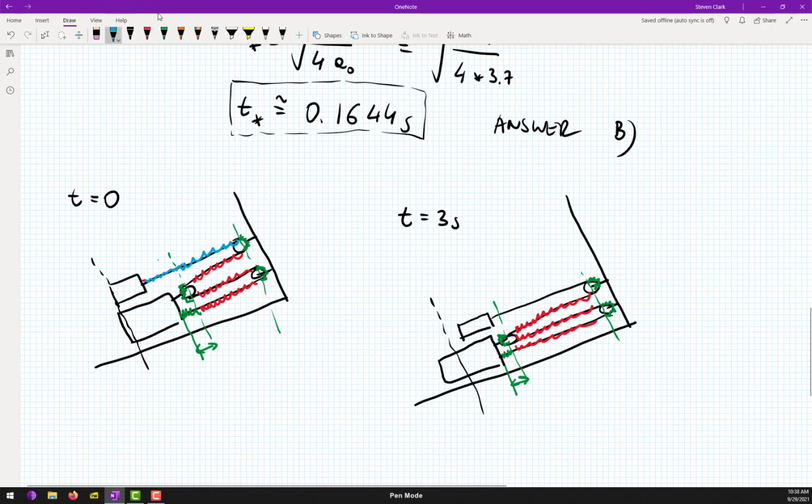That blue thing got shorter. You see, it really got shorter, and we care about the change of that rope. And those green things, they don't change at all. They're constant.